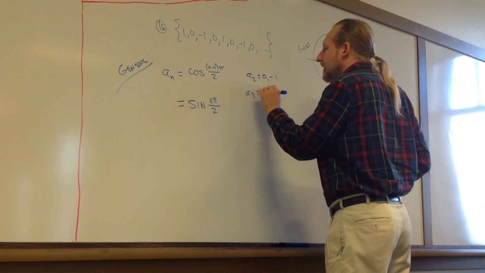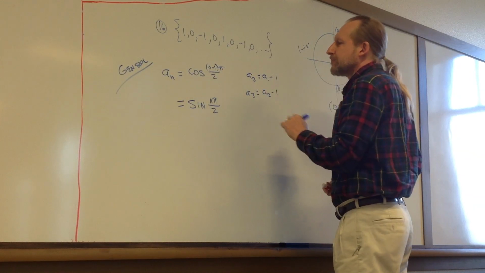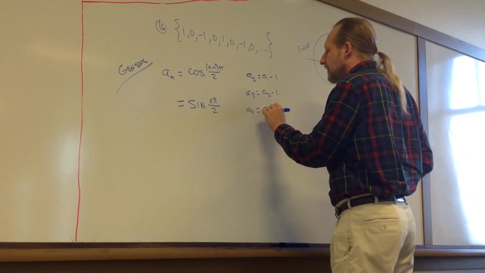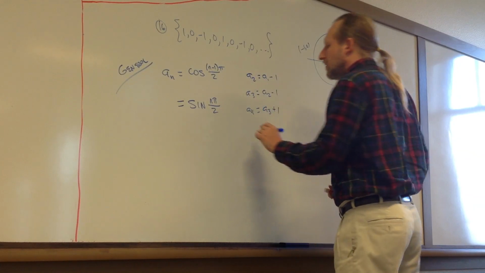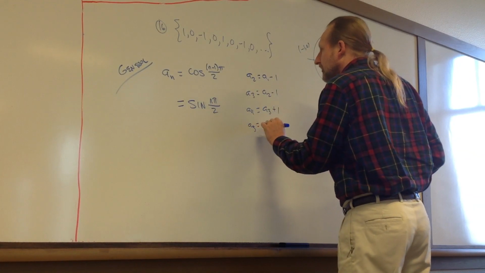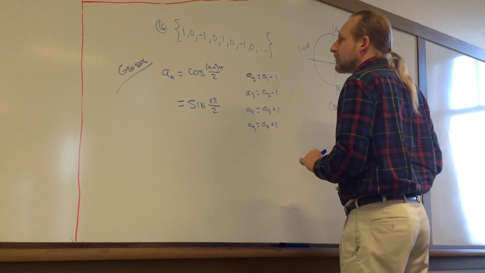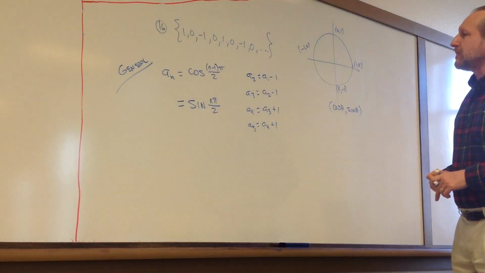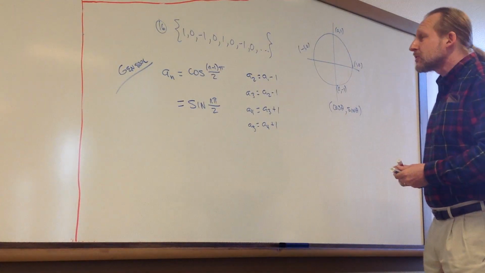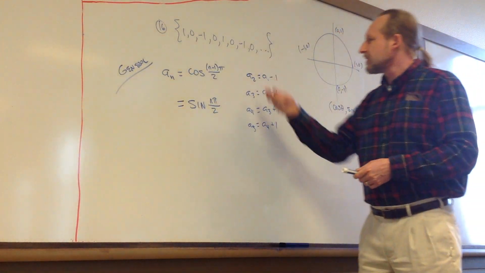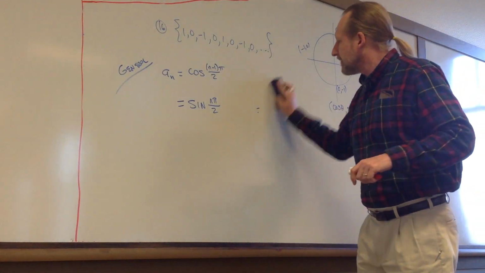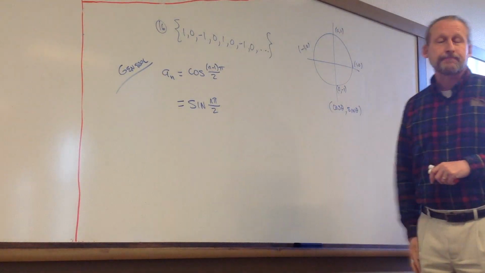And A3 is going to be A2 minus 1. But then A4 is going to be A3 plus 1. And A5 is going to be A4 plus 1. And then it's going to switch back to being negative again. So maybe there's some way that I could build a recursive definition based on this stuff. But really, in the end, I'm not going to worry about it too much.